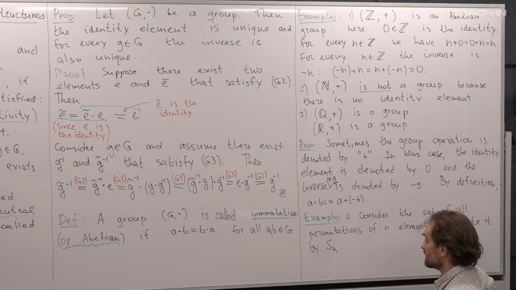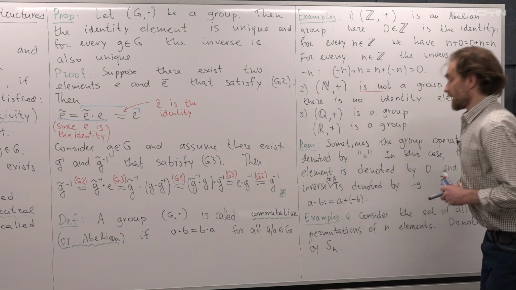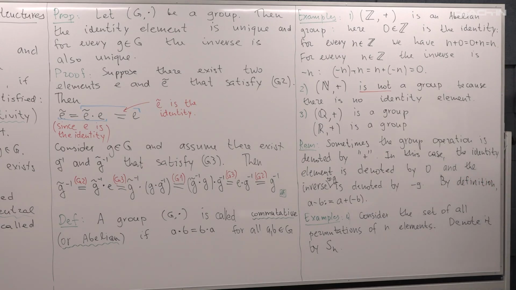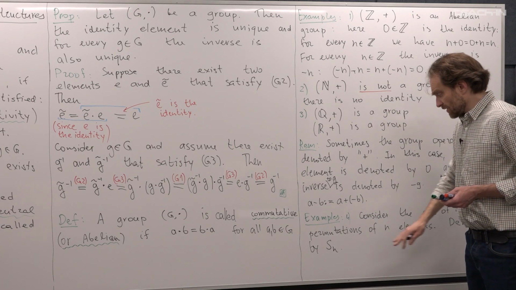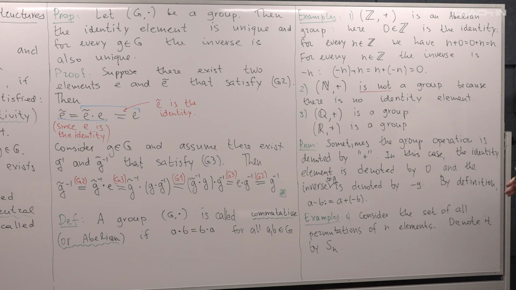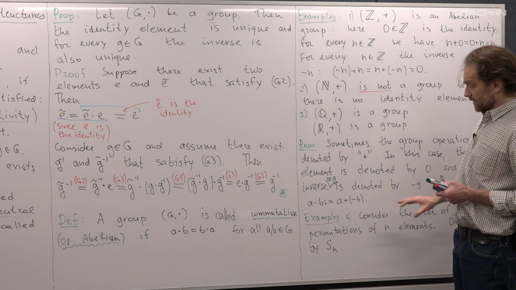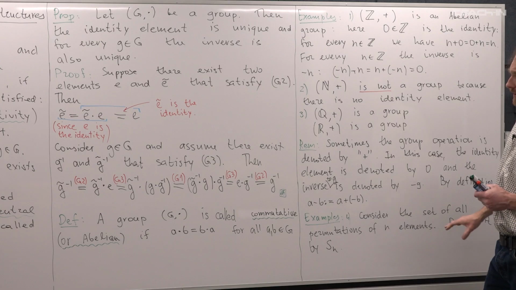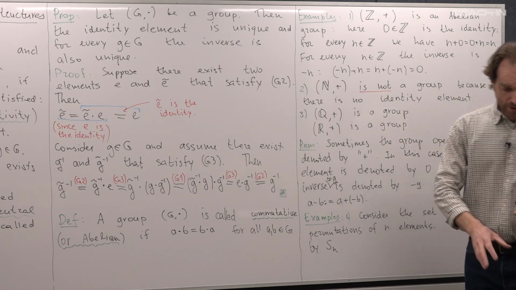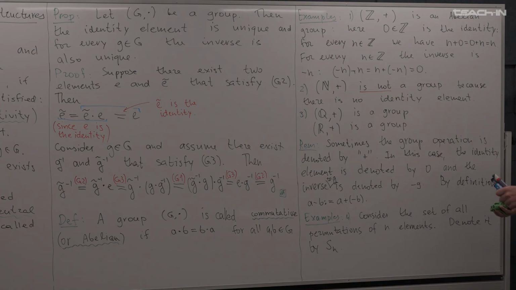So when I introduced permutations, I used the word the symmetric group. So now we will see that we can introduce the structure of a group on the set of all permutations, and so this group will be called the symmetric group.